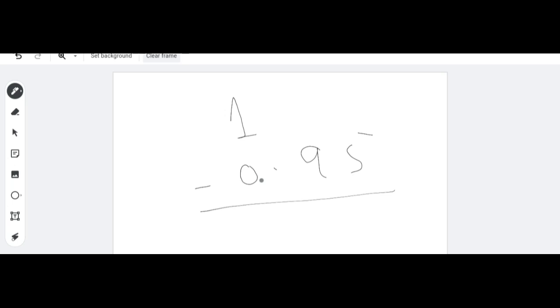Okay, so this is 0.95. It means that I have to subtract this from 1.00. Okay, so 0 and 5. Can I subtract 0 and 5? No. Can I subtract 0 and 9? No, I cannot. It means that I have to borrow from this, then it will become 10.